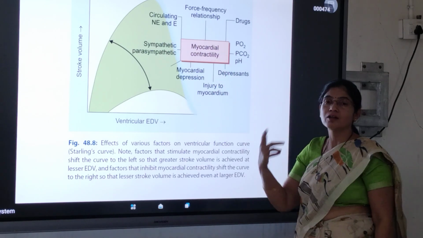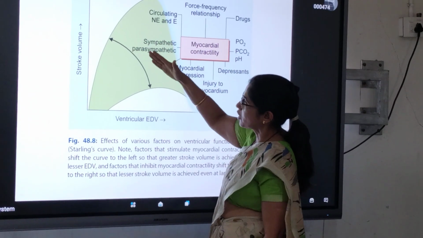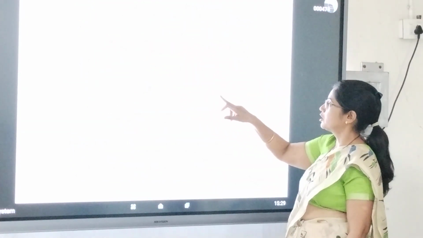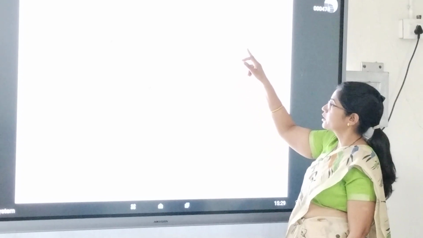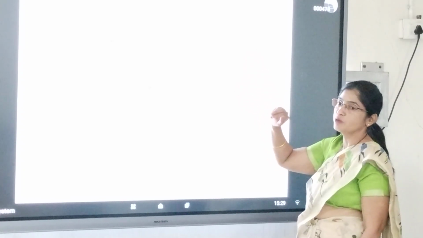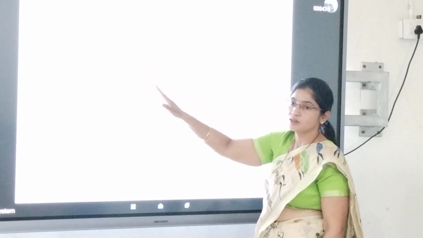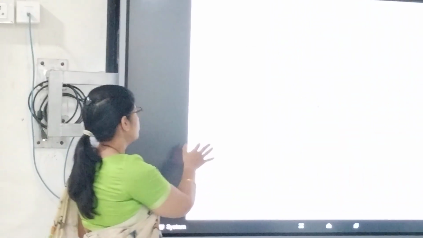Norepinephrine and epinephrine, all these are hormones which increase the cardiac output. Okay, so the graph is moving this side. It decreases because of depression, injury to the myocardium, taking any depressant drugs, or decrease in the PO2 or increase in the PCO2. All this will lead to a decrease in the stroke volume and further the cardiac output. So all these factors will affect the cardiac output.